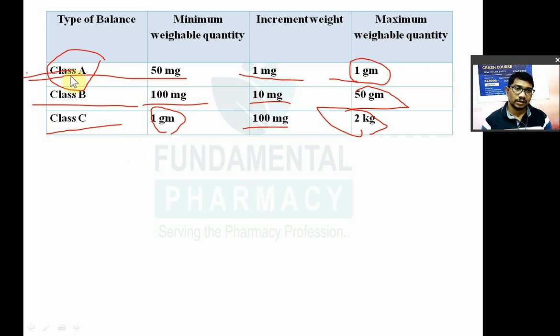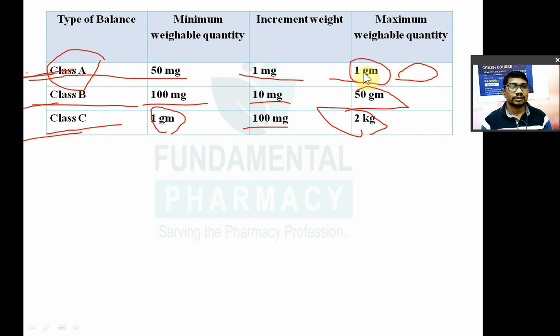If you want to measure more than 100 milligram, you have to weigh on class B balance, more than a gram, like 5 gram, 6 gram, 10 gram. If you weigh that on class A, the balance will be destroyed, because its maximum capacity is 1 gram. You cannot weigh 5 gram there.